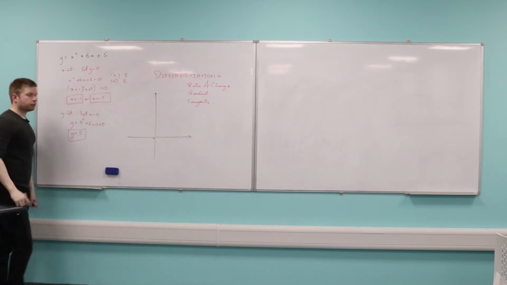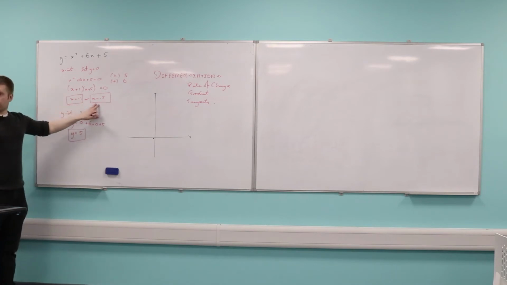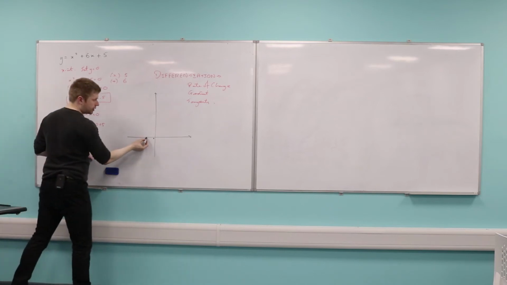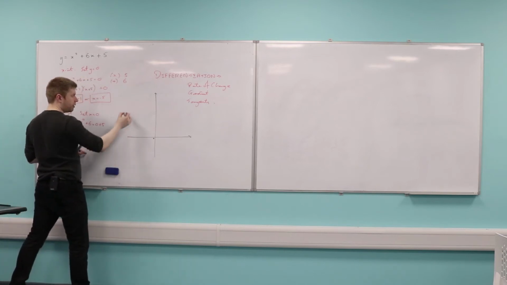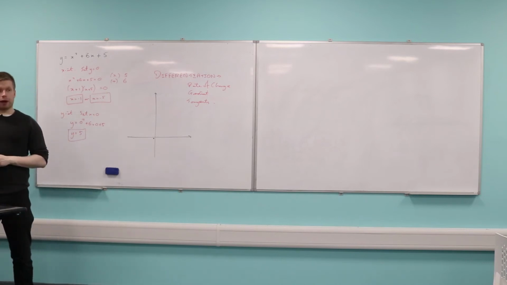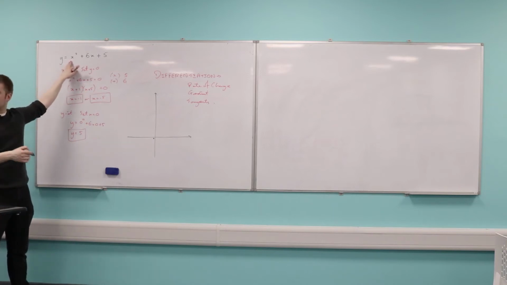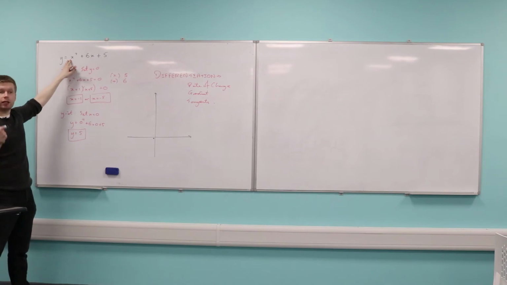The y-intercept is 5, so we go to 5 and we make a cross. So we know our x-intercepts, so one's going to be at negative 1, one's going to be negative 5. We know the shape of this quadratic, don't we? It's either a happy face or a sad face. It's a happy face because the x squared is plus. Perfect. The coefficient in front of the x squared is positive. It's positive 1. Okay, so it's a happy face.